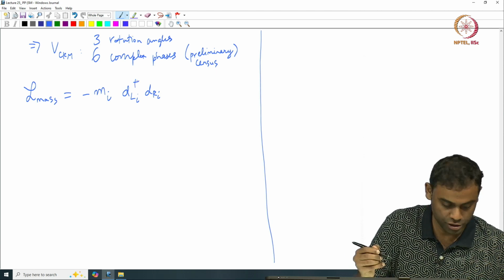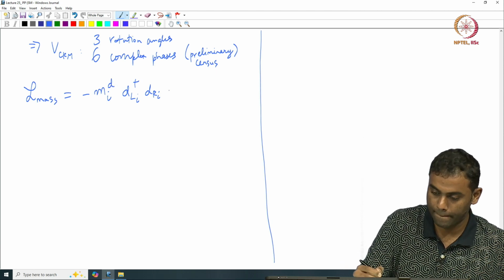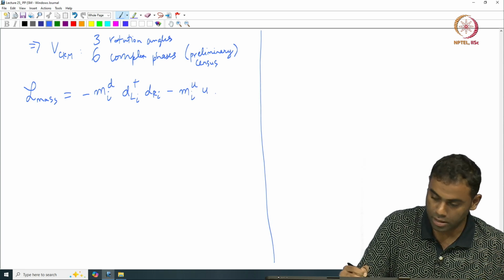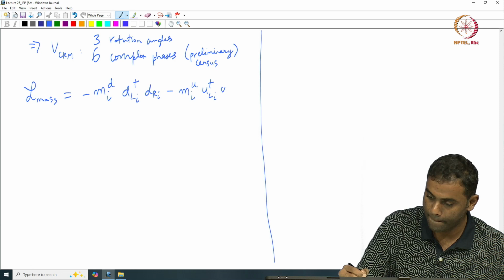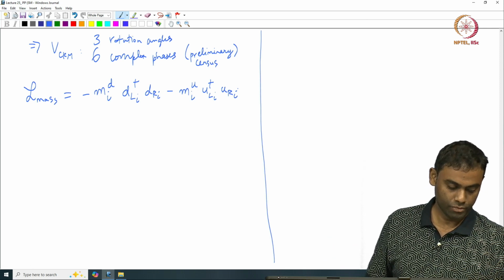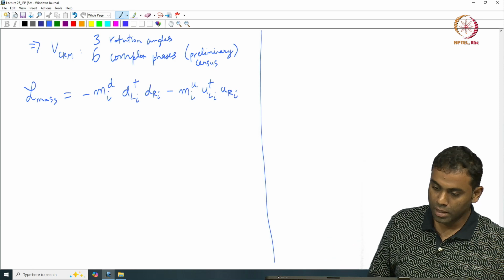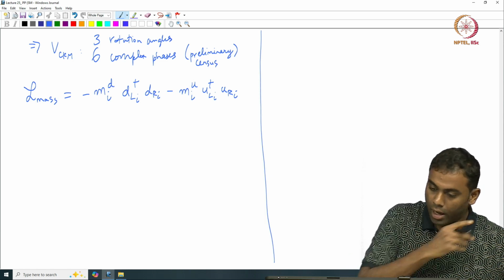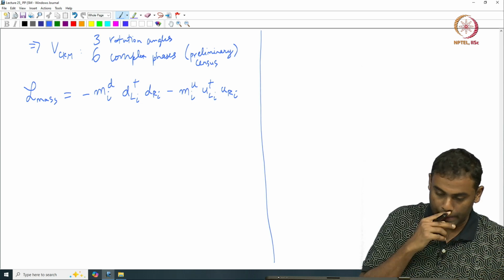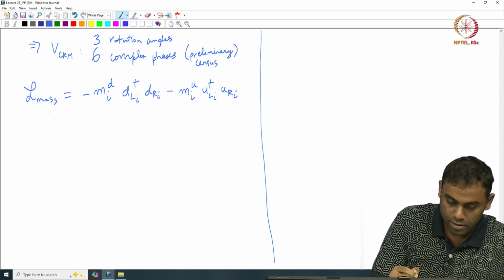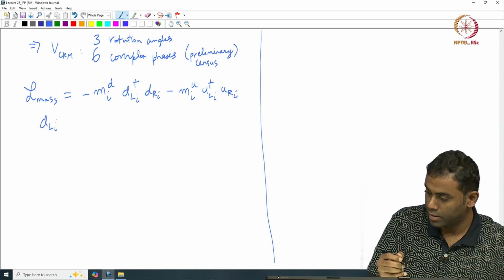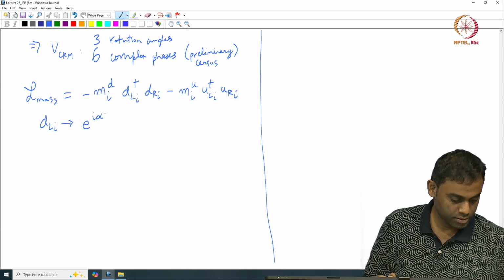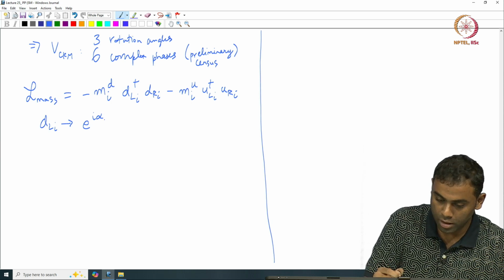I am using Einstein convention, where repeated indices are summed over. Now, notice that I can always rephase the fields this way. I am going to write some of this down and then wrap up this lecture.